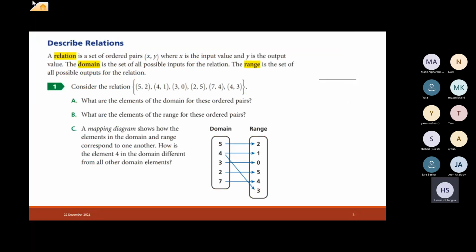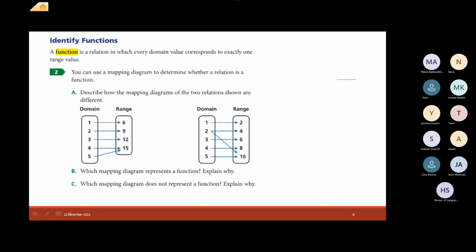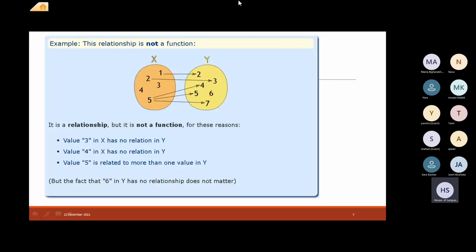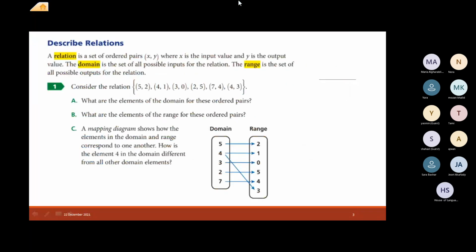If I have a set of ordered numbers, so a relation like this: 2 has a relation with 5, 2 with 4, 1 with 3, 0. For each two numbers, x and y, there's a relation.